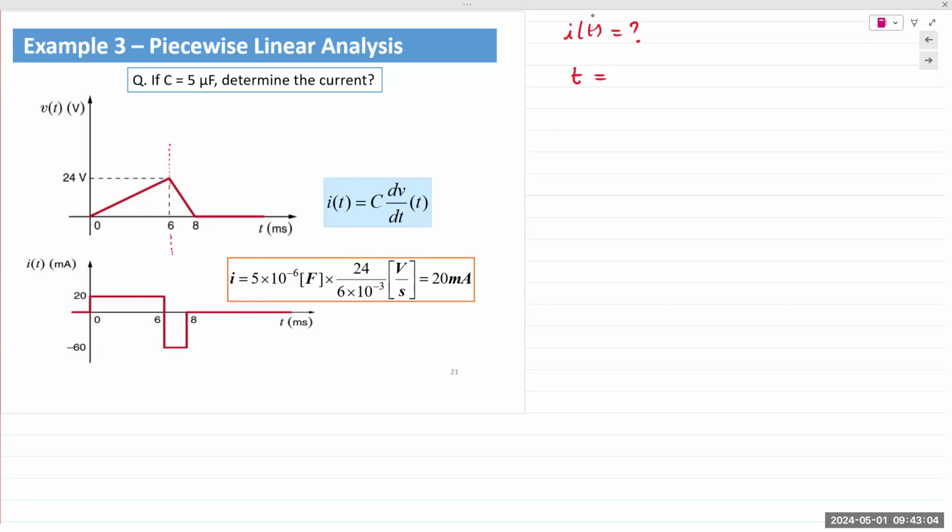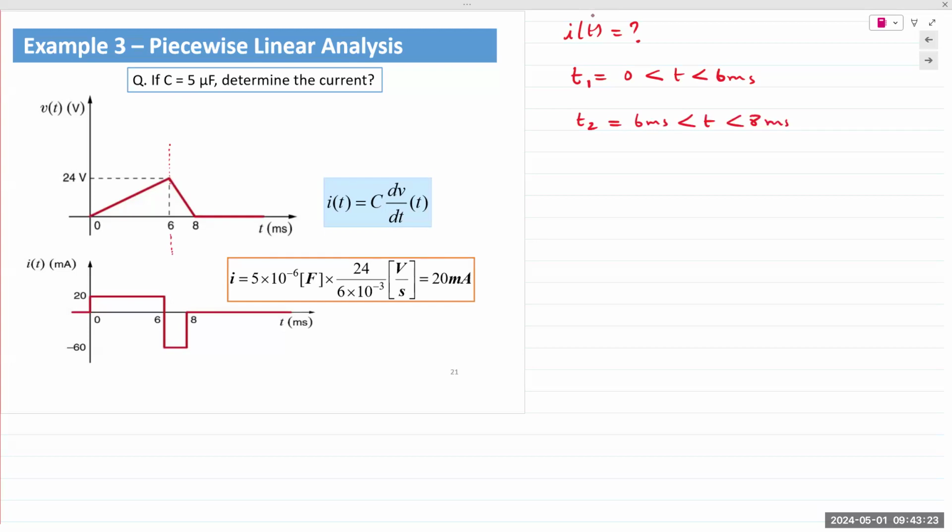T1 has a value of t between 0 and 6 milliseconds. And T2 is between 6 milliseconds and 8 milliseconds.